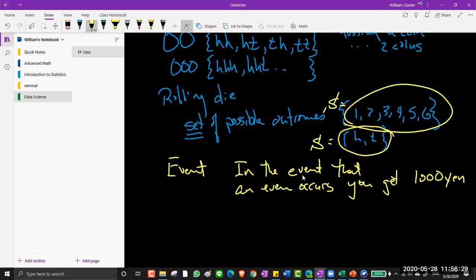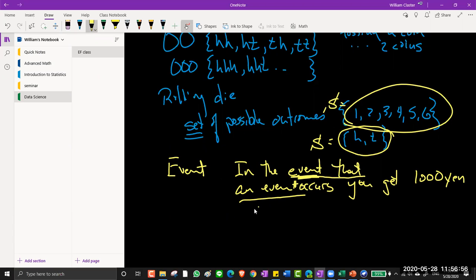Okay, so what does this mean, this word event? What are we referring to, or what do we mean by this? The event that an even number occurs. What does that mean? When do you win? When do you get 1,000 yen? Under what conditions? Under which conditions would you get 1,000 yen?